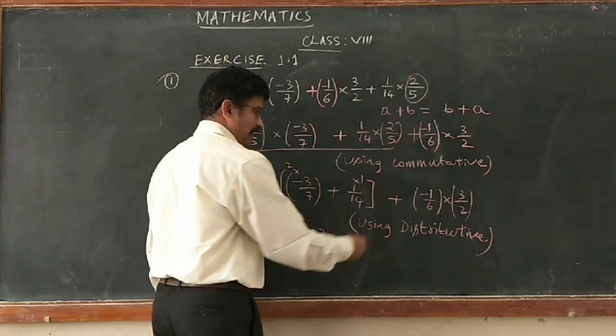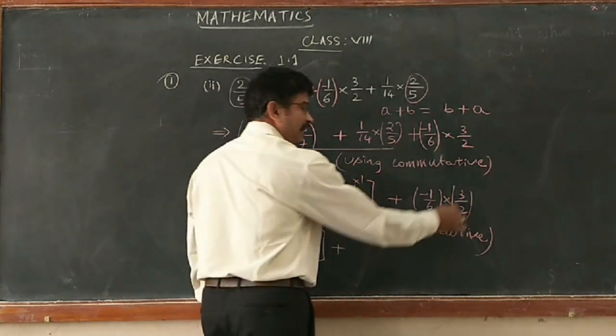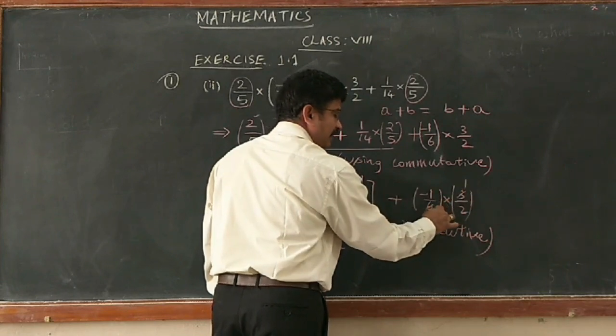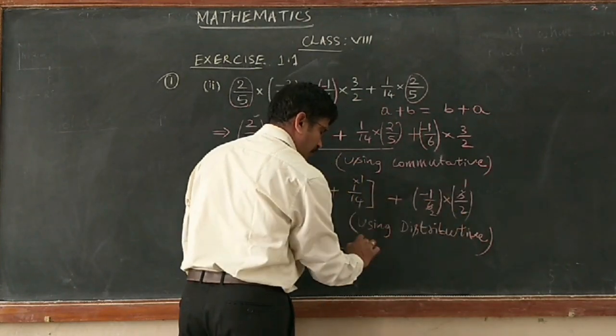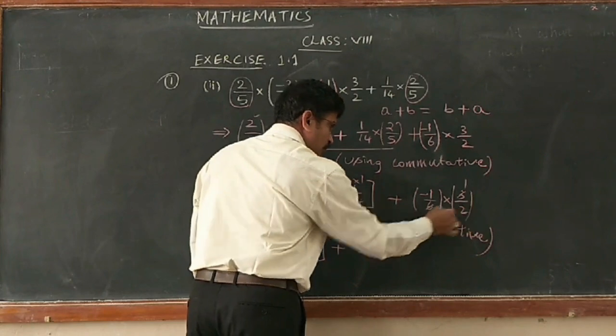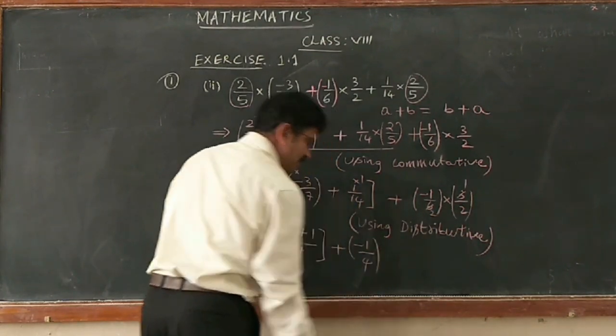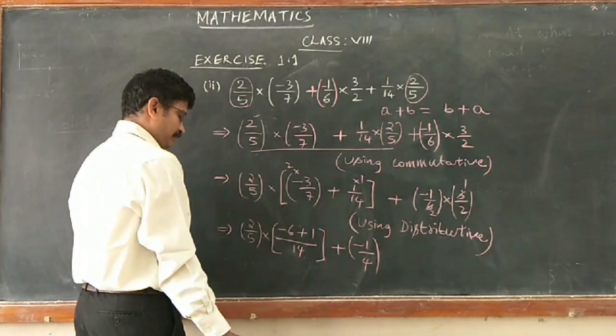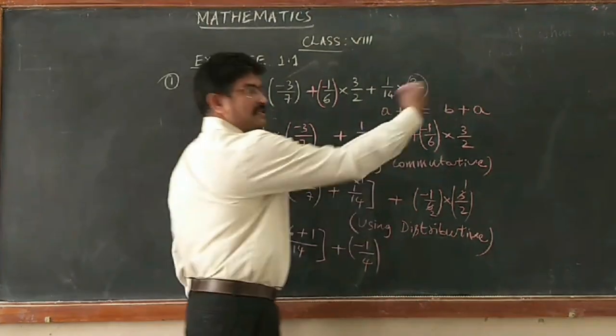Here I can do simplification one way, 3 ones are 3, twos are. So minus 1 into 1 is minus 1, 2 twos are 4. So it is a negative number, I kept it within brackets. Now I will do it this side.